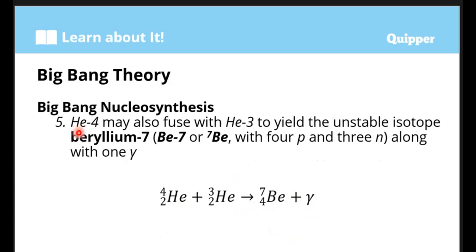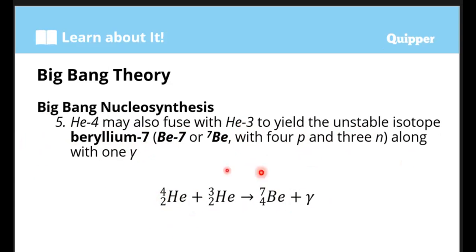Then the helium 4 may also fuse with another helium 3. Then it is now the beryllium 7, the unstable isotope of beryllium 7.